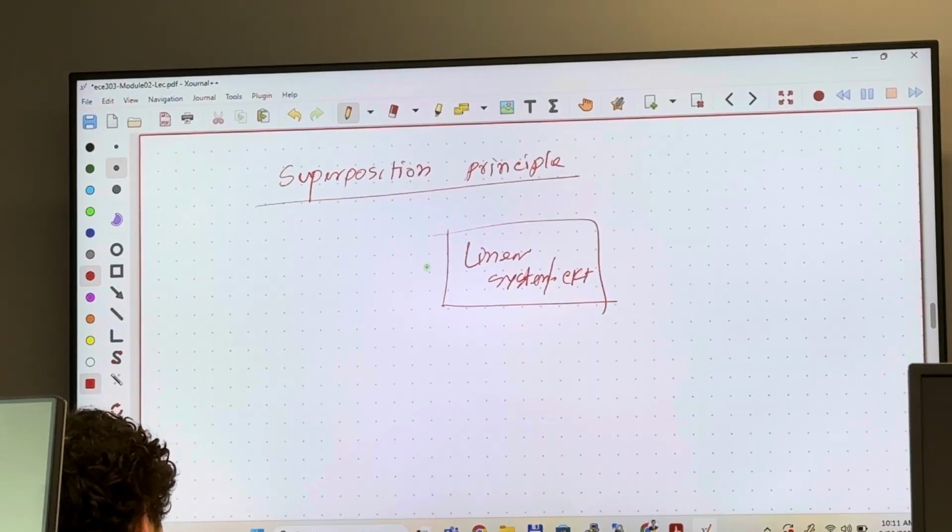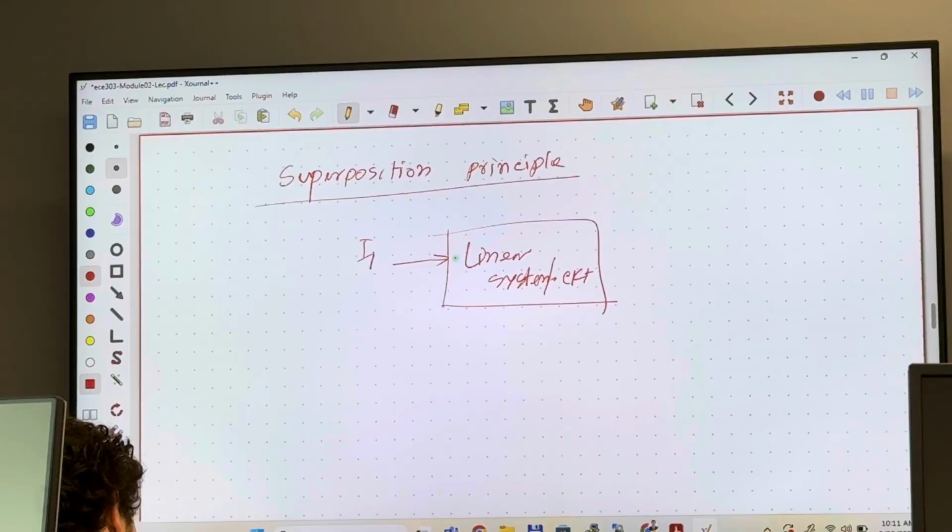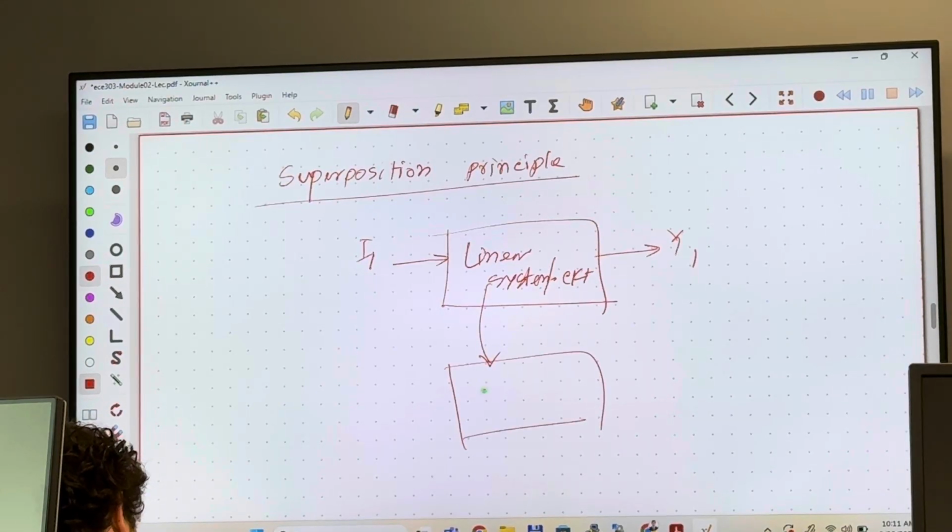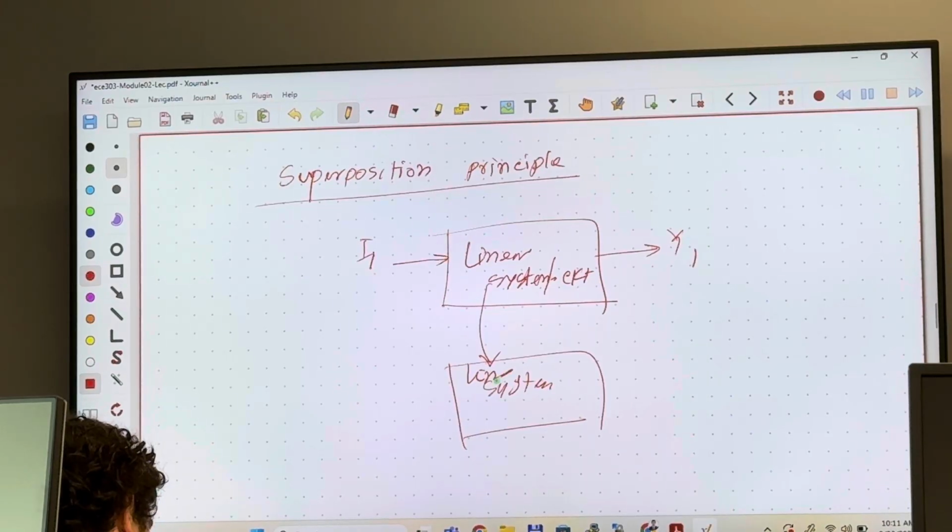Now, if the input is, let's say, I1, you get output Y1. Same linear system, let's say input is I2, you get output Y2.